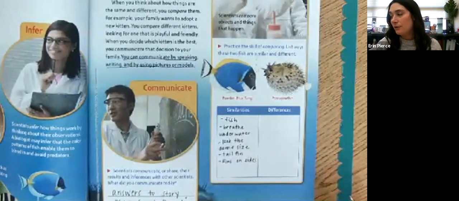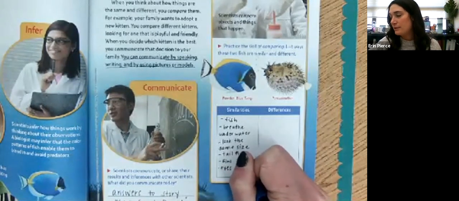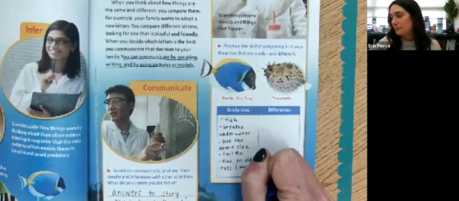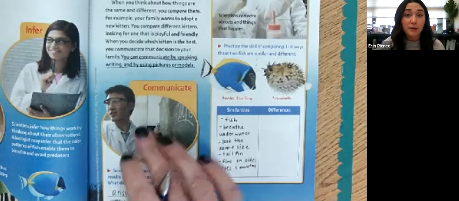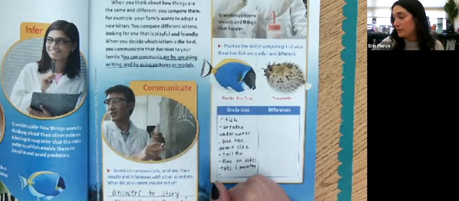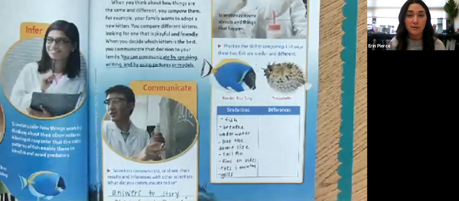And they both have eyes and mouths. There's a lot of similarities. And if you are familiar with breathing underwater, they both have gills. Those are things that cause them to breathe in and out, like your lungs.